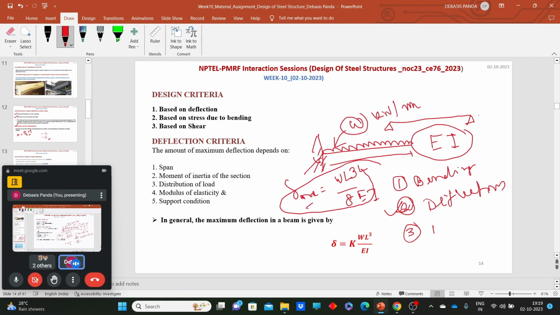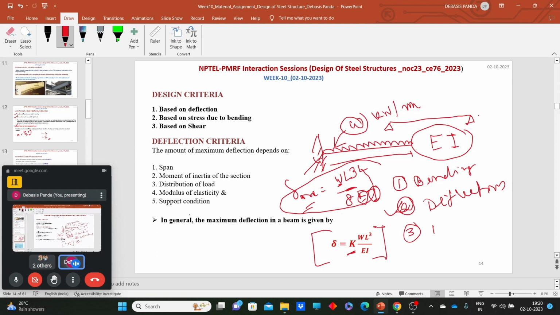The maximum deflection depends upon the length, the intensity of load, modulus of elasticity, and moment of inertia. In general, we can simplify it as some constant into WL cube by EI, and we can calculate it using different methods. We have already learned this in structural analysis.